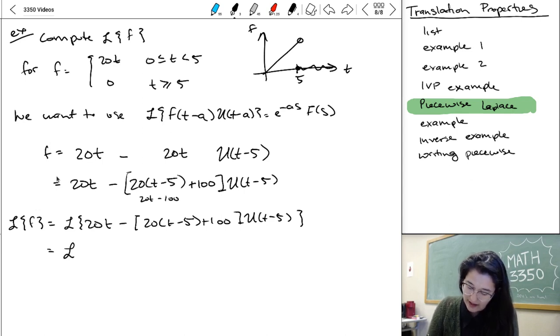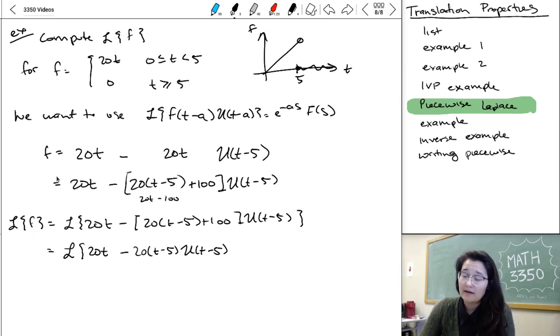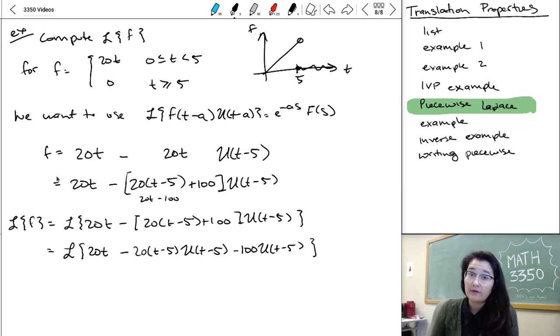Separating out that last term, we're going to have 20t minus 20 times t minus 5 u of t minus 5, and then minus 100 u of t minus 5. Remember to be careful that we distribute that minus all the way over to the 100.